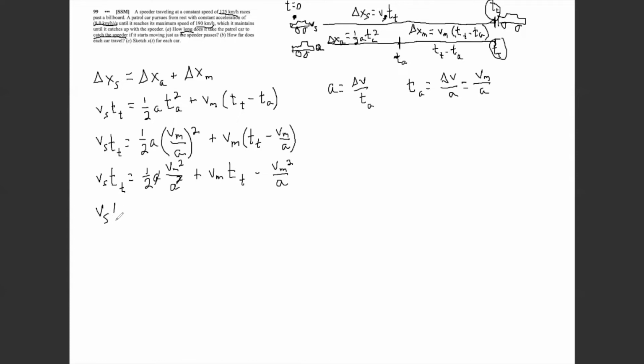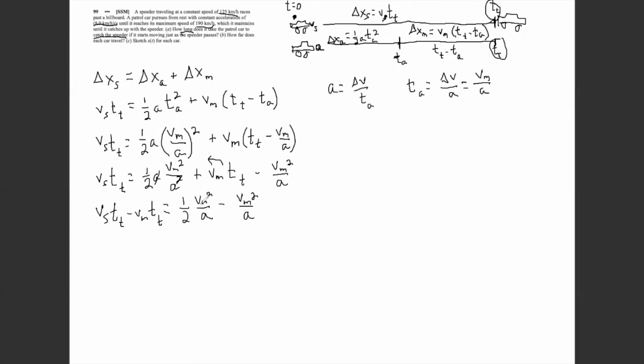Vs Tt minus Vm Tt equals 1/2 Vm squared over A minus Vm squared over A, right? So I moved this term over to the other side, and then I just have these two terms left on the right side.